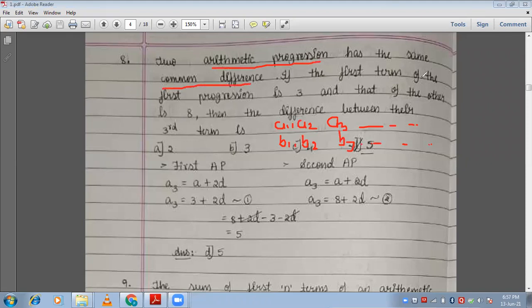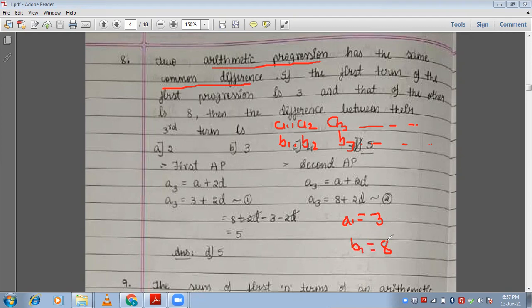If the first term of the first progression is 3, the given first progression A1 is equal to 3, and that of the other progression, the first term B1, is equal to 8.